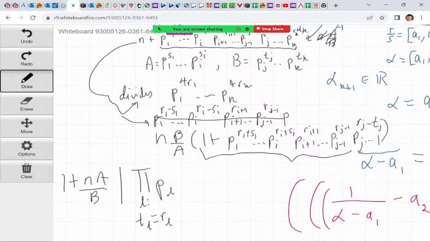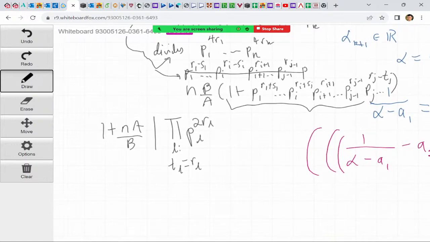Why do this weird thing where it's N squared plus N times B over A? This is, I guess, 2 Rl, and then it divides P1 to the 4R1. Yeah, that's pretty clear. The point is this thing here is less than or equal to B squared, right?